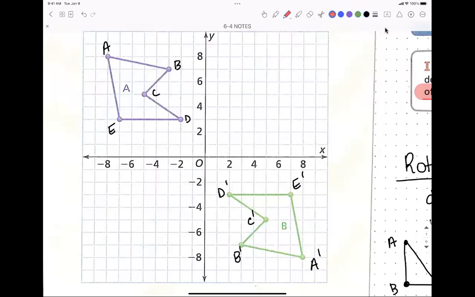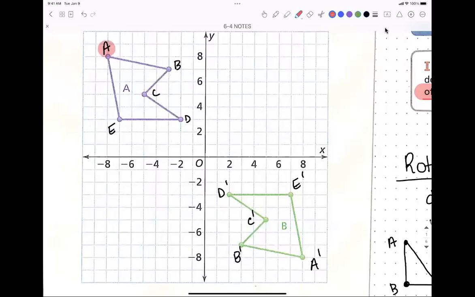The reason I wanted to name them is because without naming them, it's very difficult to see this. But if I was to ask you just to describe the transformation, could it be a slide or a translation? Well, it can't. And you can see that in half a second. Always look at the vertices. That's going to be your big indicator of what goes where.